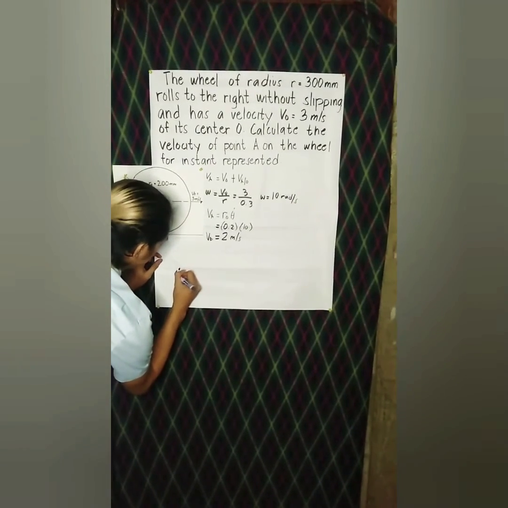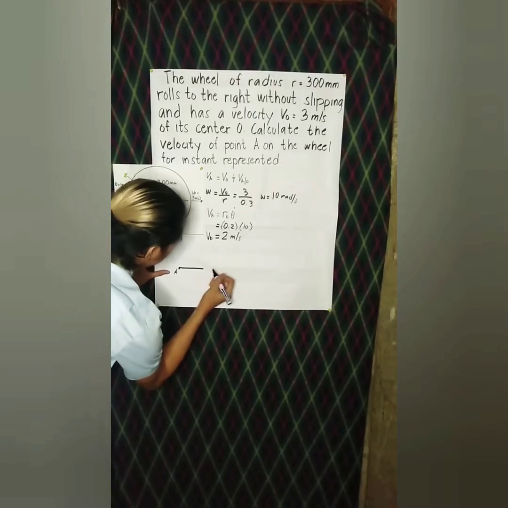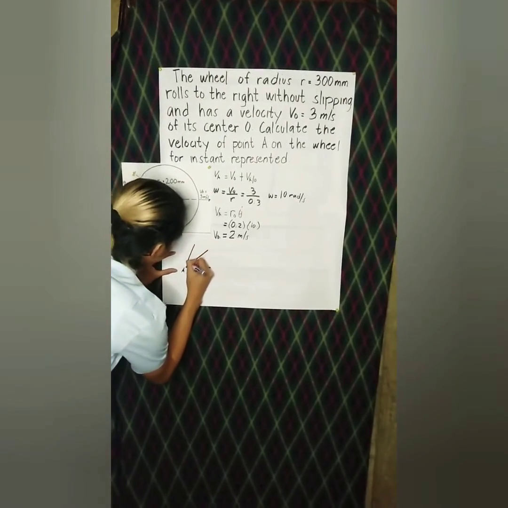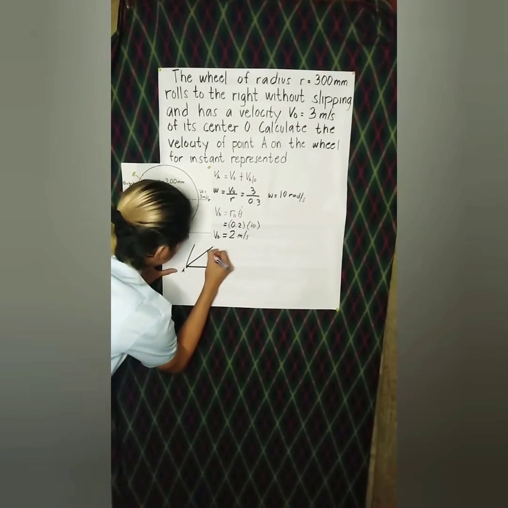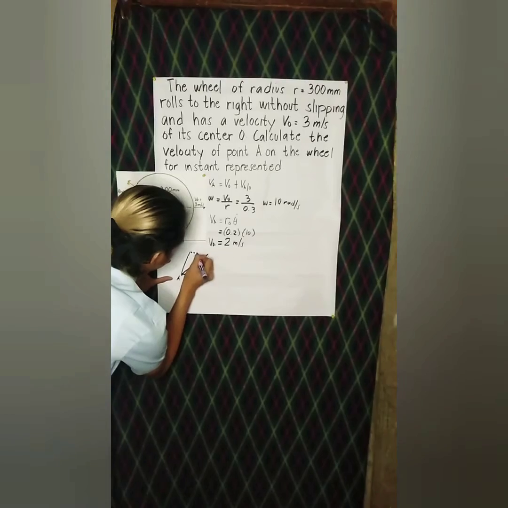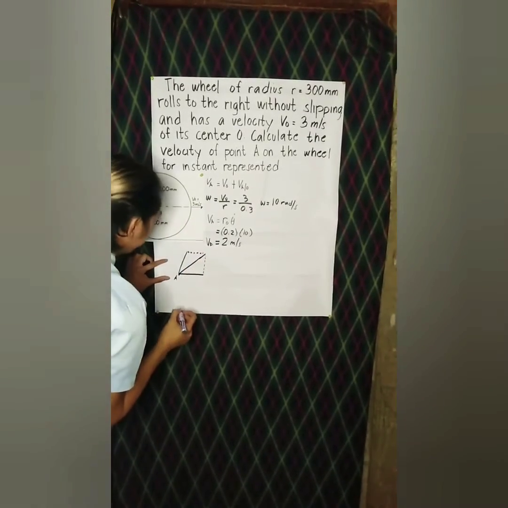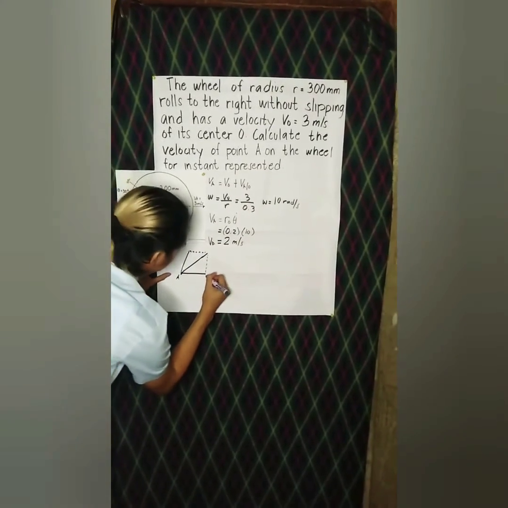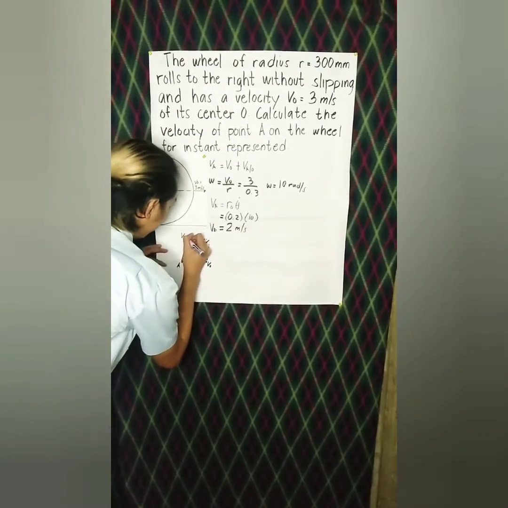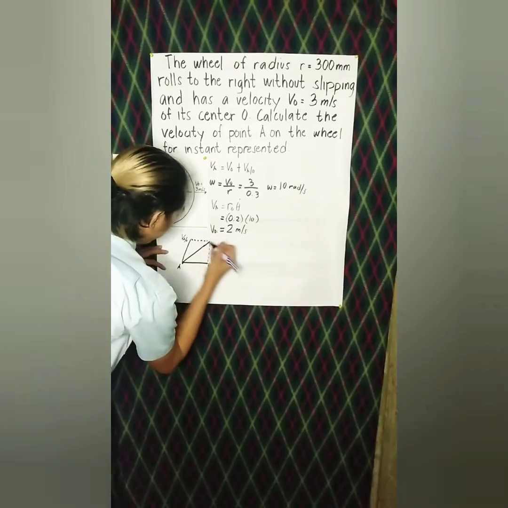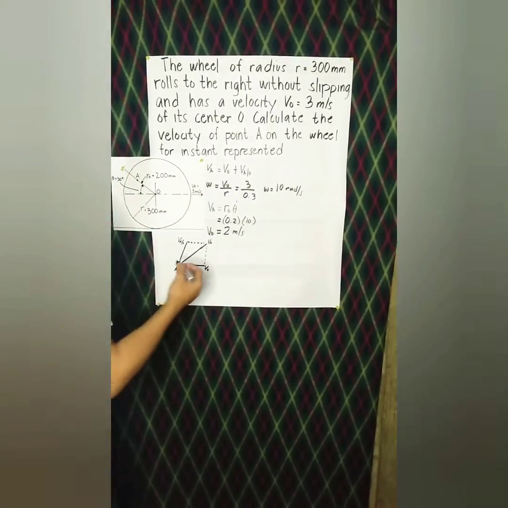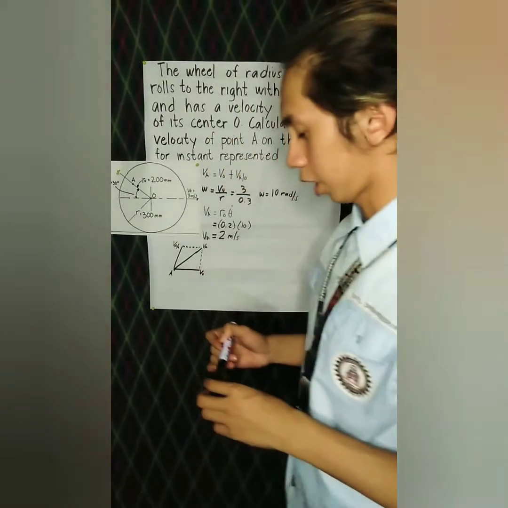Let's say this is point A. This is VA/O, and this is VA. VA is the movement of point A.